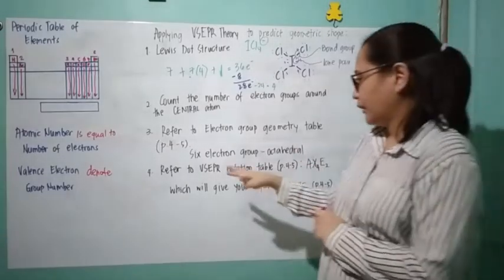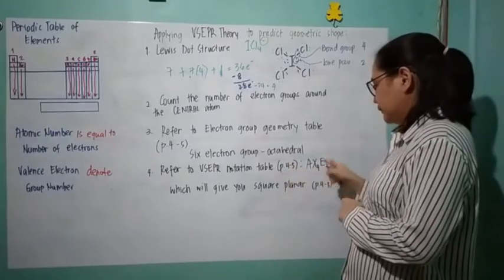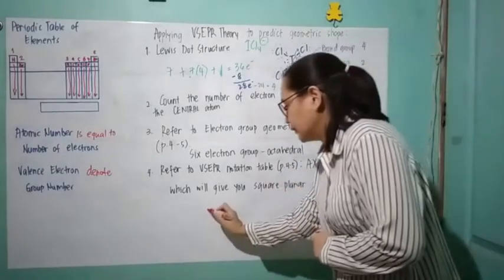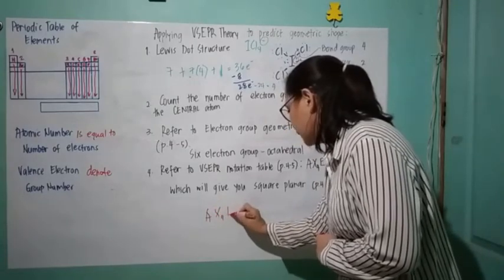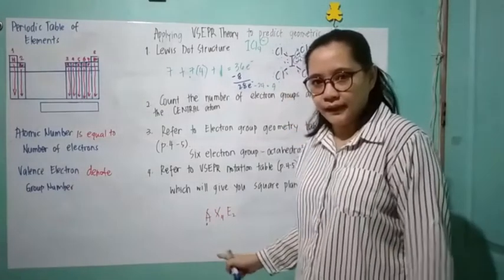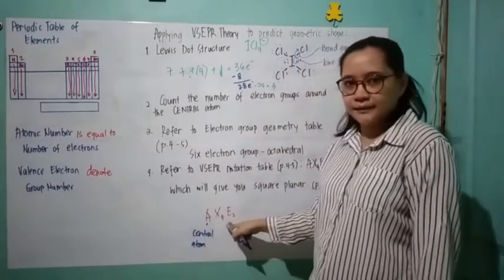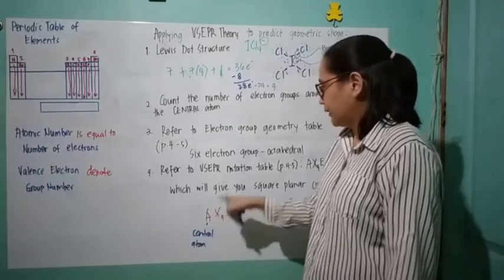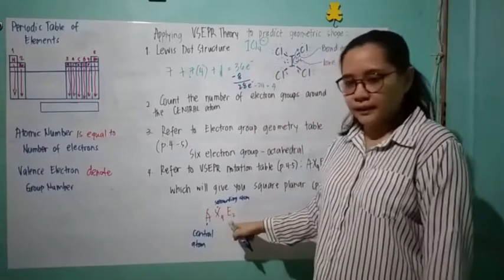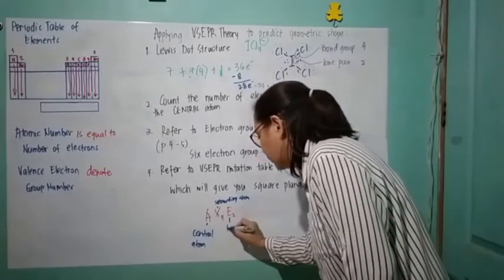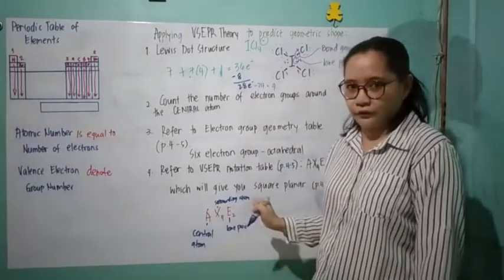Step 4, referring to the VSEPR notation in your table, you have AX4E2. A is the central atom, X is the surrounding atom, and E is the lone pair of electrons.